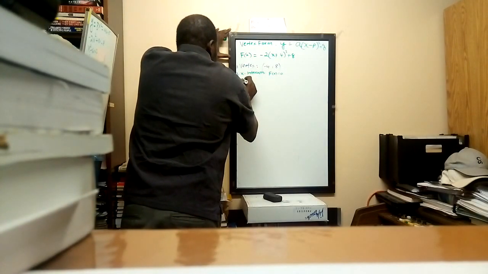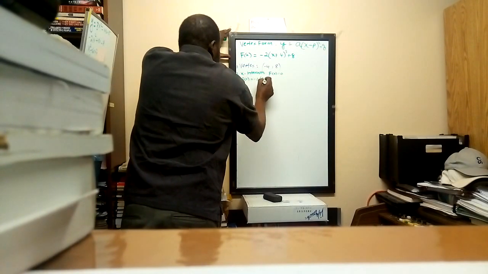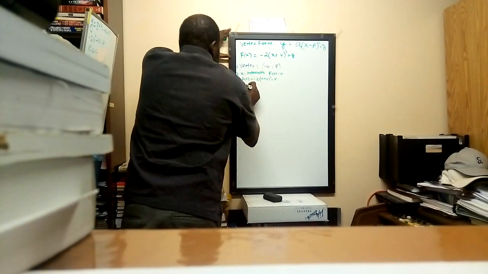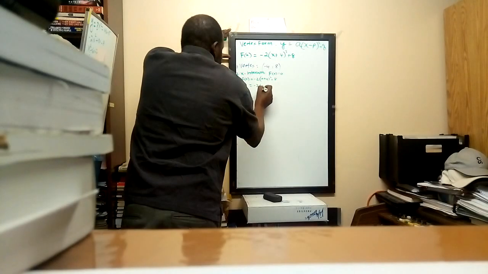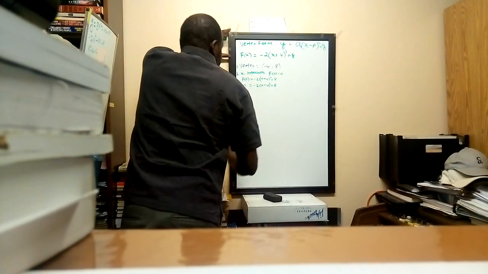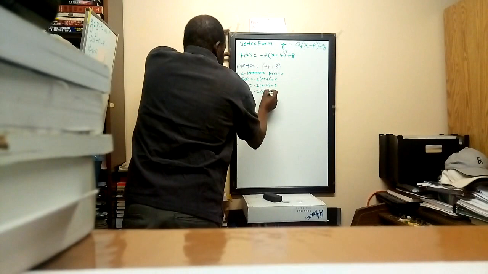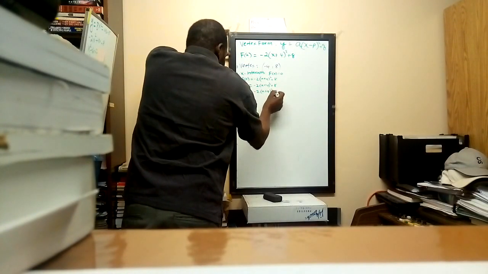So we'll have f of x equal -2 (x plus 4) squared plus 8. F of x is 0, so -2 (x plus 4) squared plus 8 equals 0. We subtract 8 from both sides, so we'll have -8 equal -2 (x plus 4) squared.